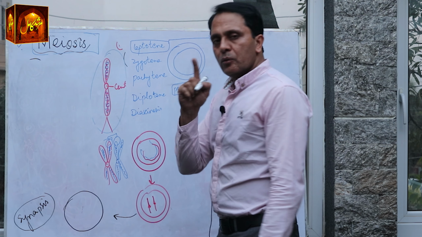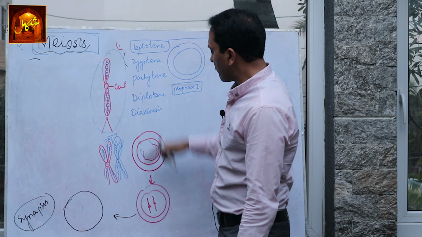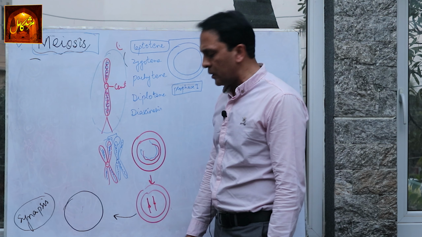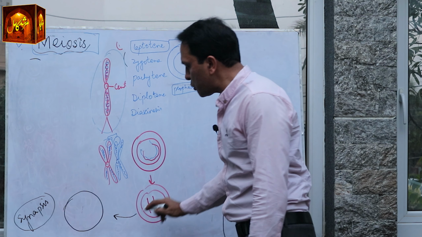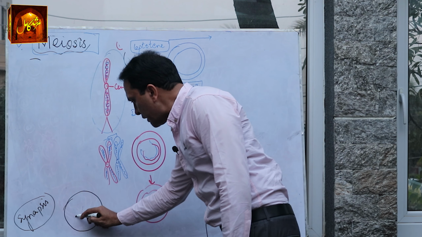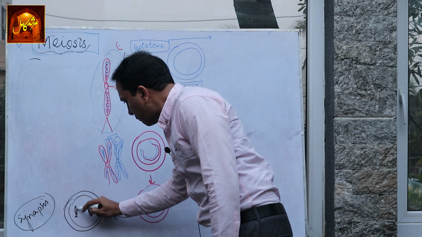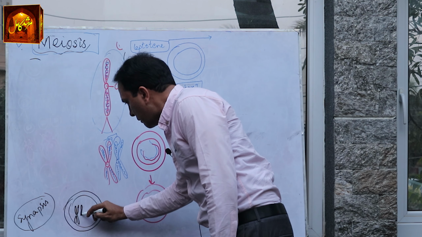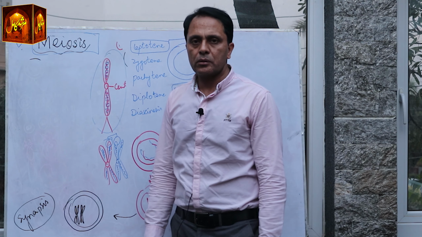But one difference that we will discuss: when the chromosomes shift in their shapes from leptotene to zygotene, over here they are single structured chromosomes, but when they reach here, they are double structured chromosomes.